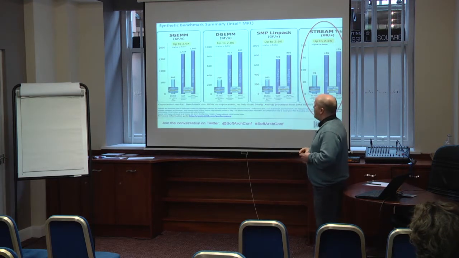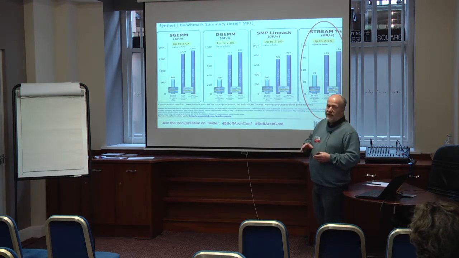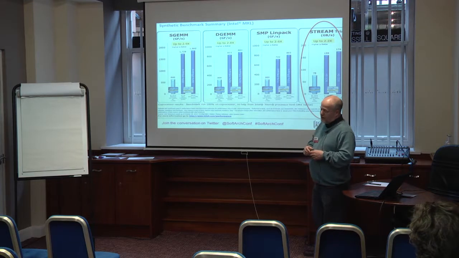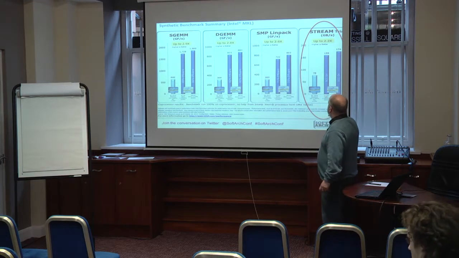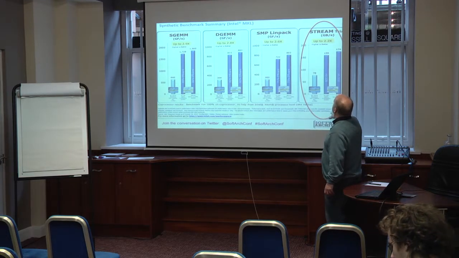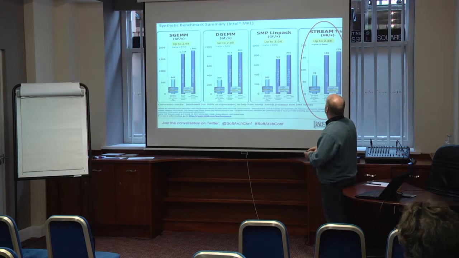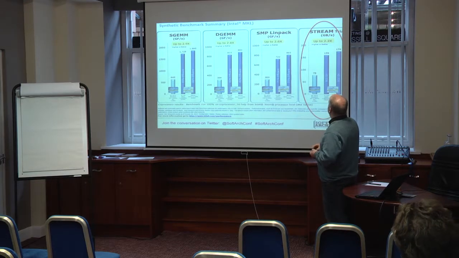Here's a slide I gave you earlier on, where I glossed over one result. This was the results from running some benchmarks with the Math Kernel Library. Here is a streaming program, and the performance is in how much data is being transferred, so it's gigabytes per second.